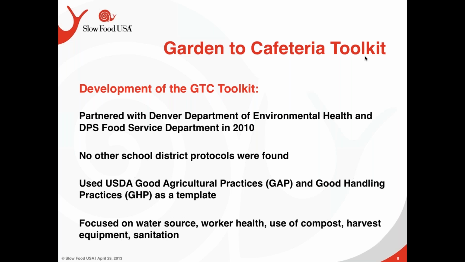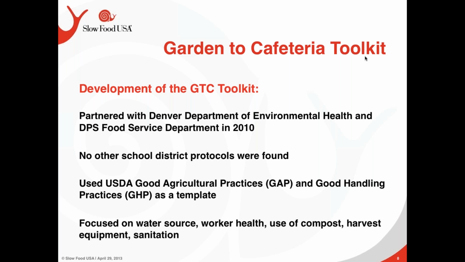And this toolkit that we're sharing with you today came out of some work that started back in 2010 in Denver Public Schools. At that time, we had about 40 or 50 school gardens across the district in Denver Public Schools, and the food service department had just started their local procurement from local farms in the state of Colorado.